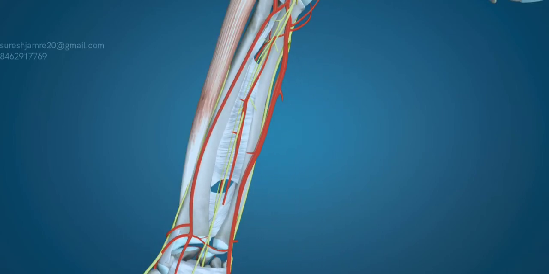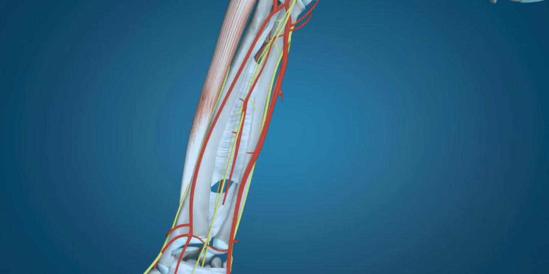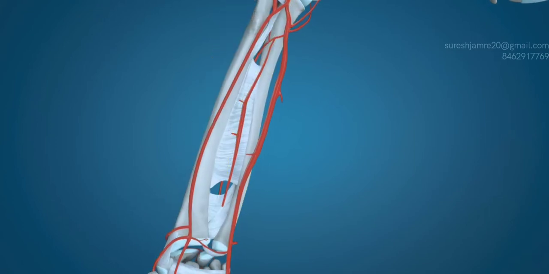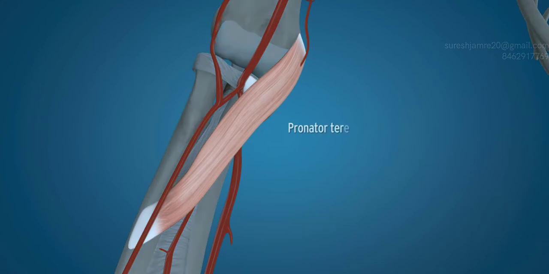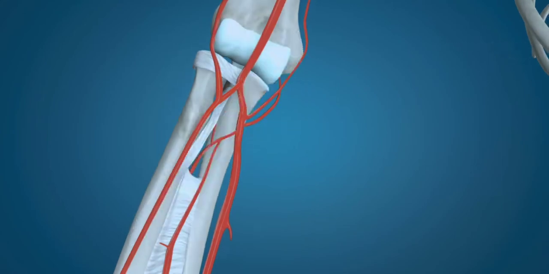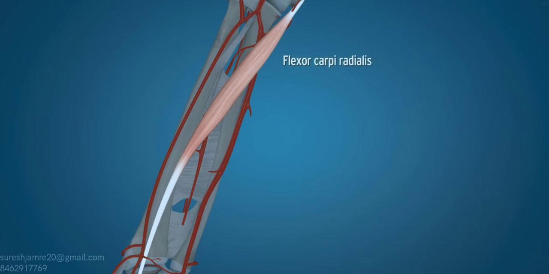Laterally, the artery is related to brachioradialis. In the middle third, it is related to superficial branch of radial nerve. Medially, the radial artery is related to pronator teres in the upper part, to the tendon of flexor carpi radialis in the lower part.